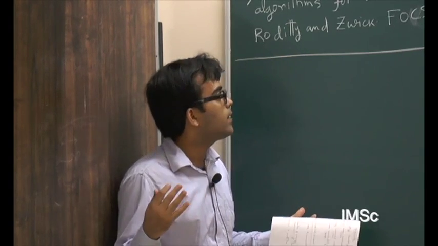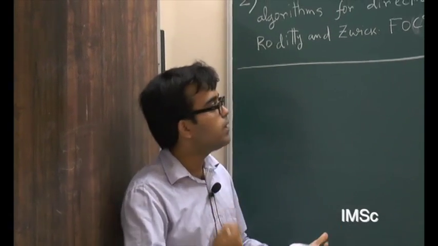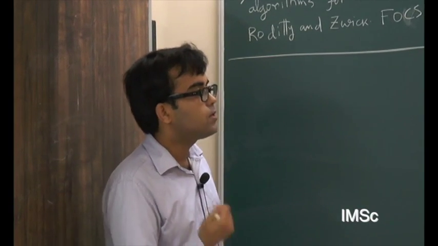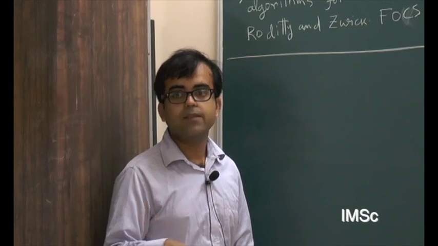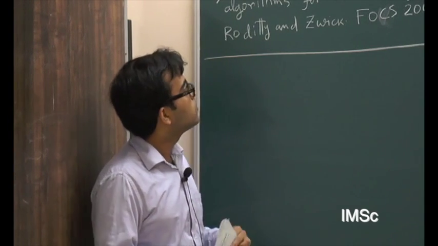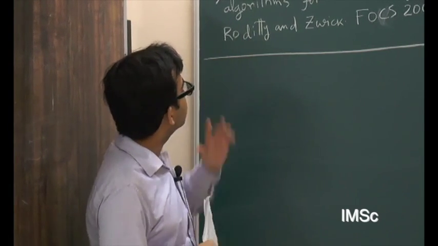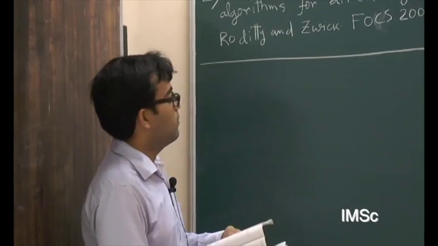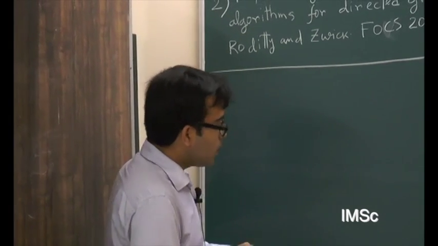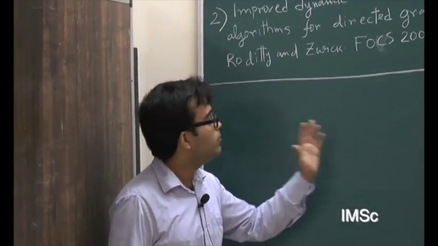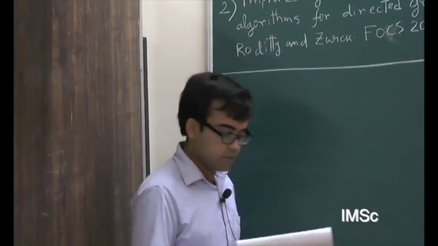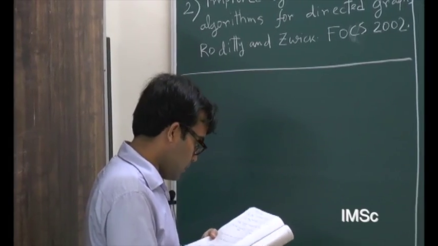In an undirected graph, if a node u is reachable from v, it's also the other way around, that v is reachable from u. But in directed graphs, it might not be the case. So you want to maintain reachability information in directed graphs in a dynamic setting. And for the next few weeks, we will be considering only this topic. Okay? So it's a new topic.